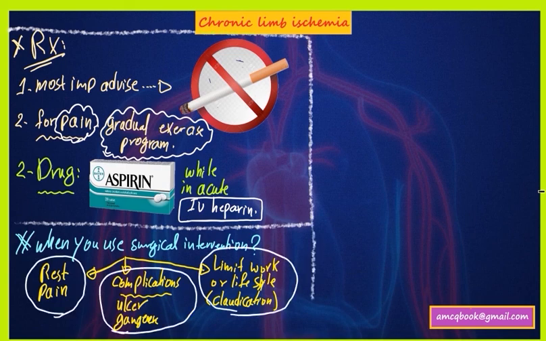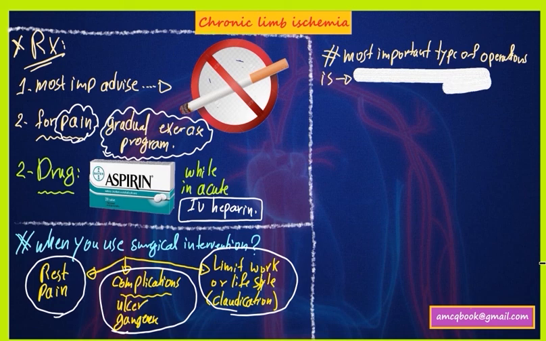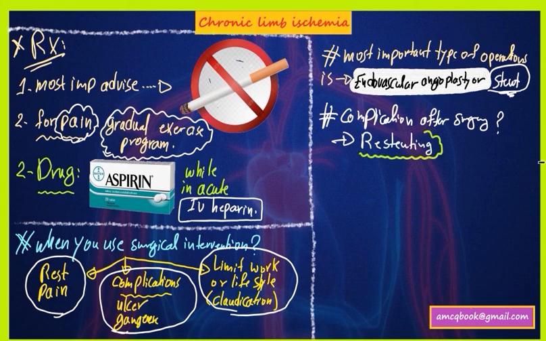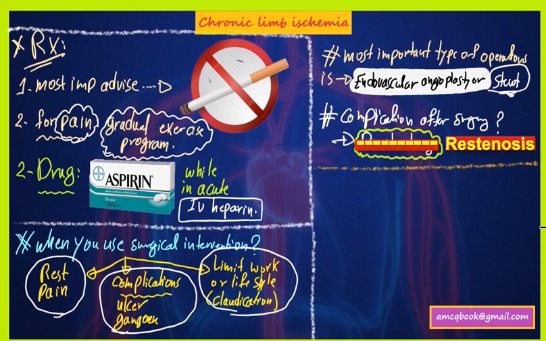The most important type of operation overall is endovascular angioplasty or stenting. The most common complication after surgery is restenosis. So you open the stenosis by stenting, and the most common complication is restenosis again. So please focus on this.